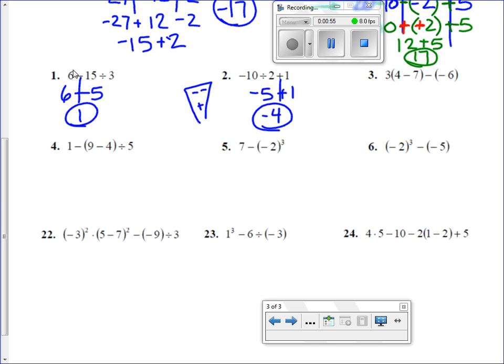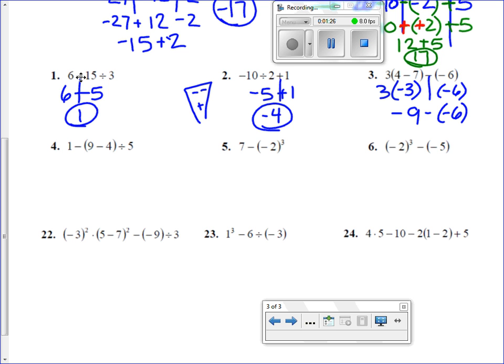For number 3, here's my alley. Okay, so the first thing I need to do is my parentheses. 3 times whatever 4 take away 7 is, and that's negative 3. And then I have a negative 6 on this side. So 3 times negative 3 is going to give me negative 9, and I have minus negative 6.